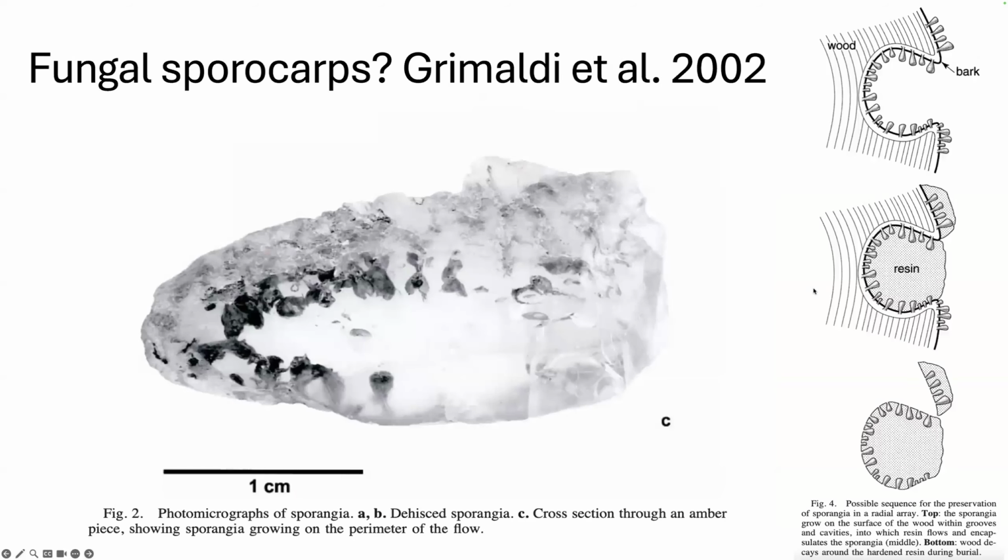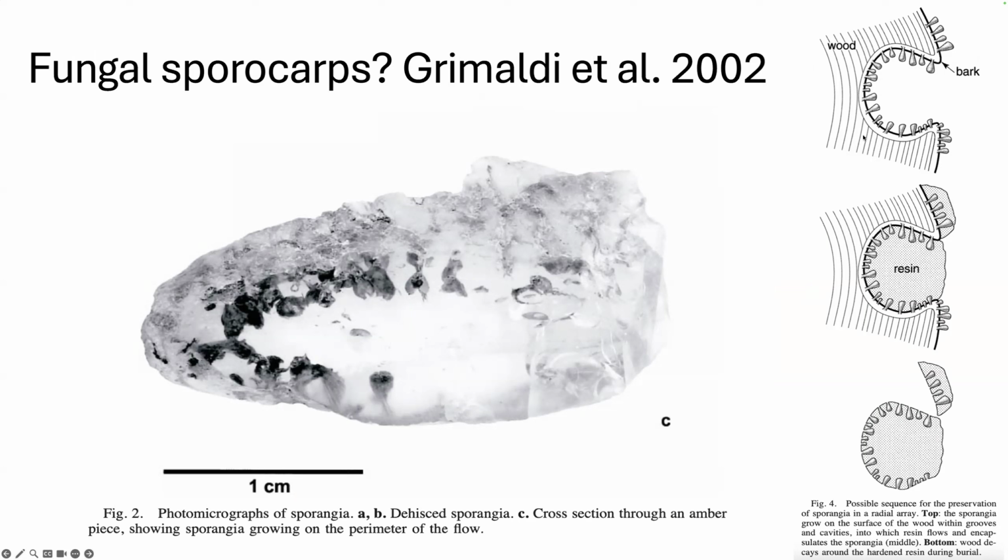I didn't know what they were, but this is a brilliant paper, Grimaldi et al. 2002, which is a spectacular amount of work. It's a very comprehensive overview of the Myanmar amber biota. And he also saw many examples of this kind of thing. And he thought that what they were was fungal sporocarps, fungal fruit bodies.